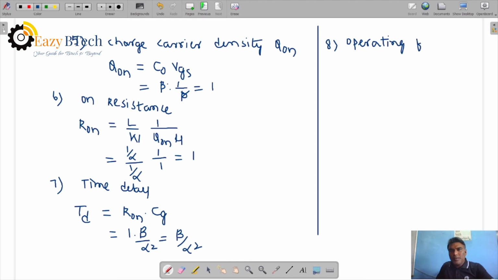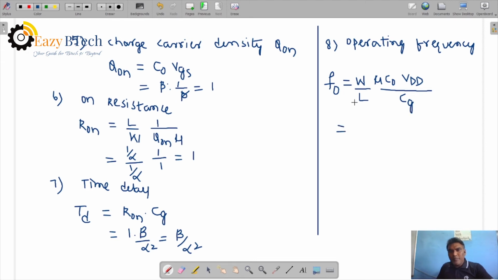Operating frequency F naught is equal to W by L, mu into C naught into VDD by CG, right?